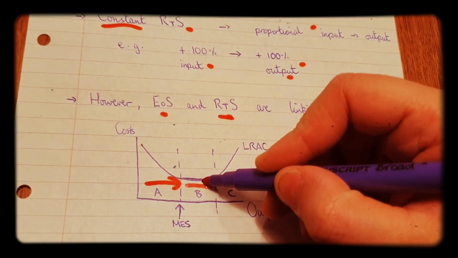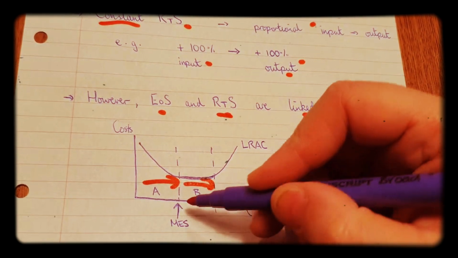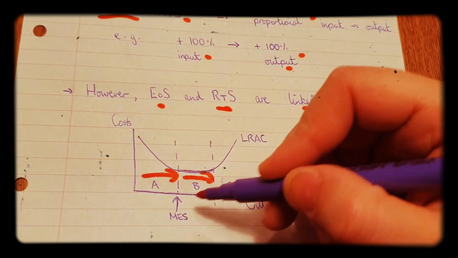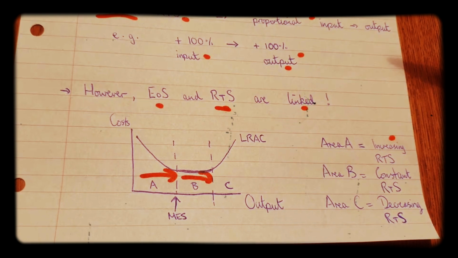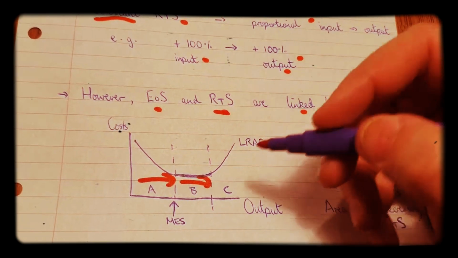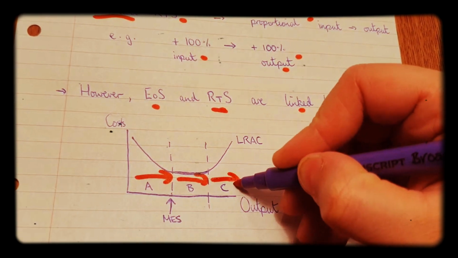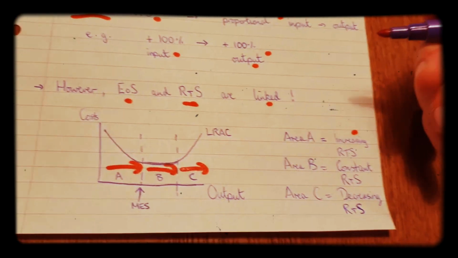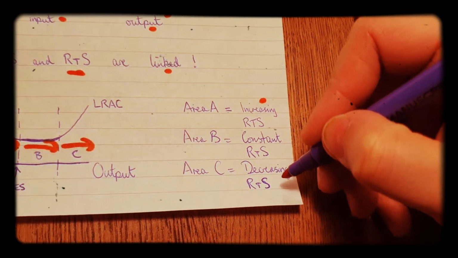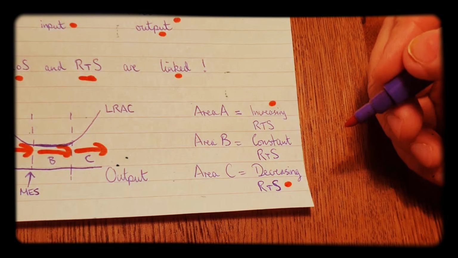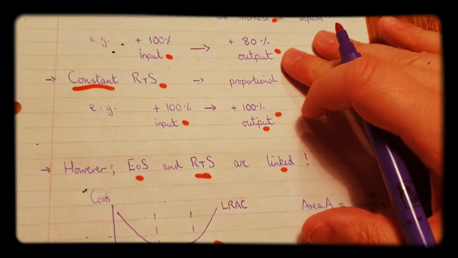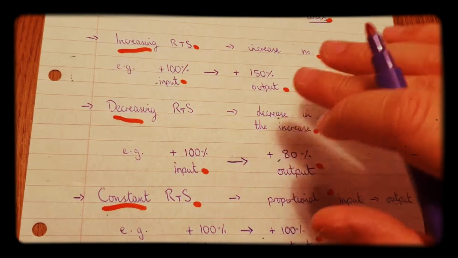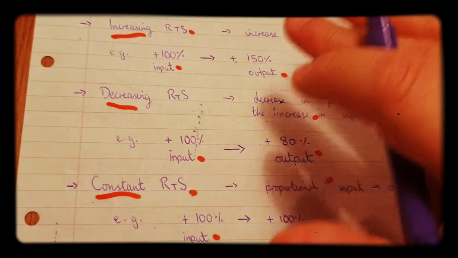This section here, from the MES, the minimum efficient scale, up to here, we have constant returns to scale. And from that section onwards, where there's diseconomies of scale, the firm will be experiencing decreasing returns to scale. So don't get them mixed up. Returns to scale and economies of scale, do not get those mixed up.